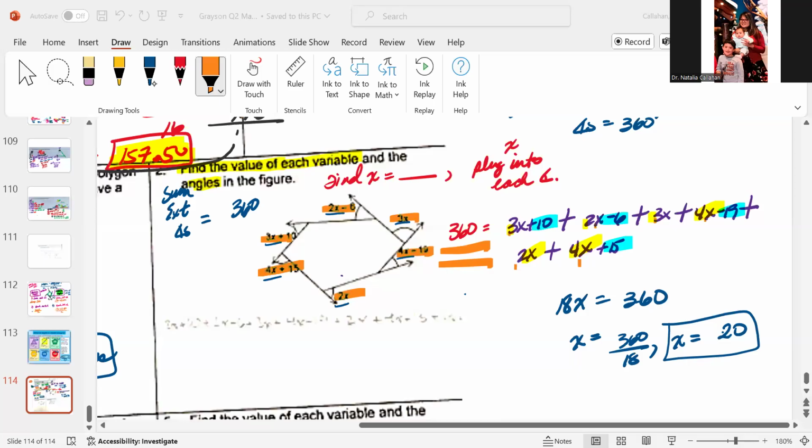Now that x equals 20, you need to plug in 20 to everything here. Like 4 times 20 plus 15. 2 times 20.